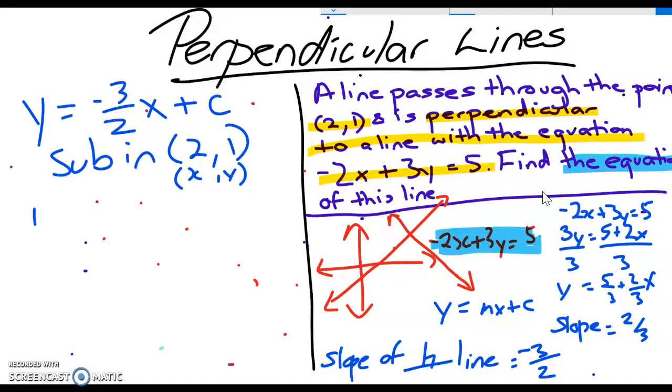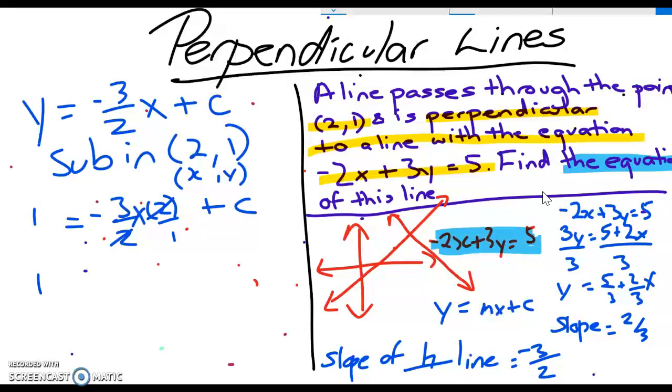So we're going to go 1 equals negative 3 on 2 times 2, because x is 2, y is 1, plus c. Now remember, if you've ever got times by 2 or times by 3, that's really times by 2 over 1. So we can cancel diagonally. If we're multiplying, we are allowed to cancel diagonally.